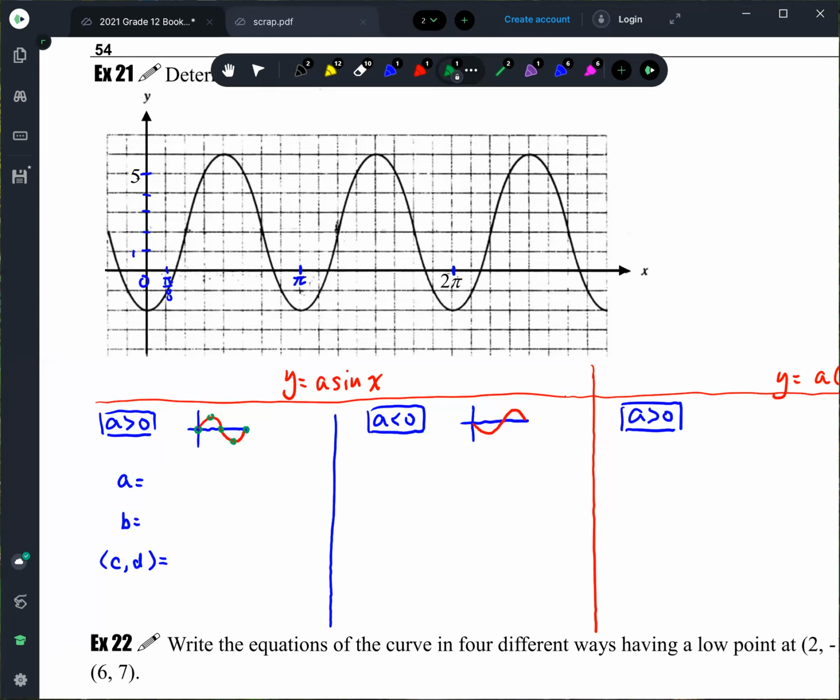No one's got it so far? What about x-axis? Have you guys got the x-axis?